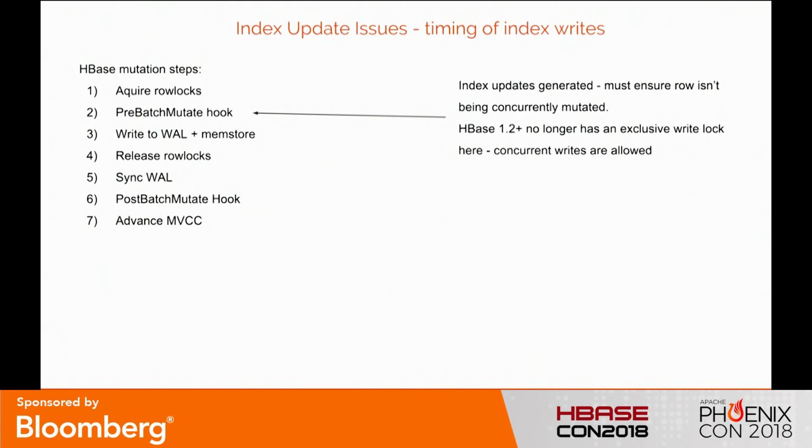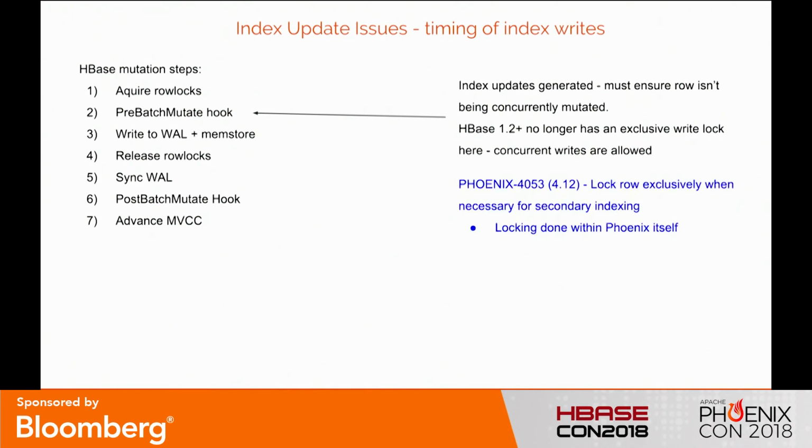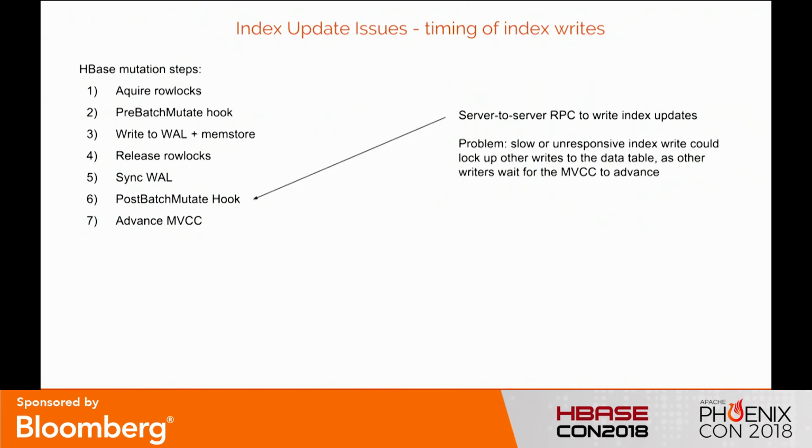So that's a problem for Phoenix indexes, right? So we actually do the row locking in Phoenix itself. With this Phoenix 4053, we lock the row in pre-batch mutate, and I believe we release the lock in post-batch mutate. So that was one problem.